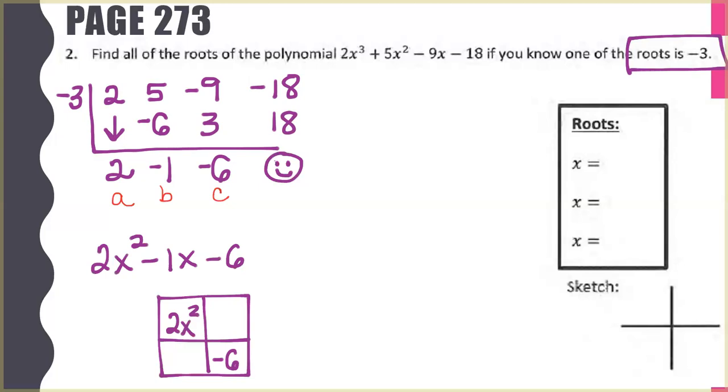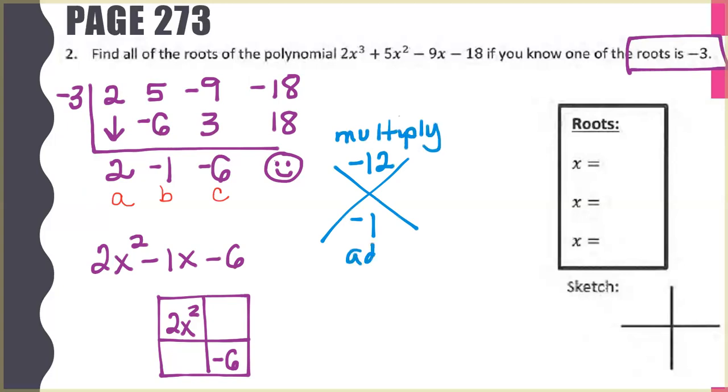So I need two numbers that would multiply to be 2 times -6, but add to be b. That would be -4 and +3.